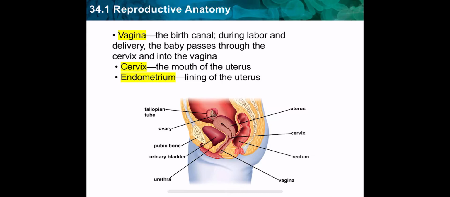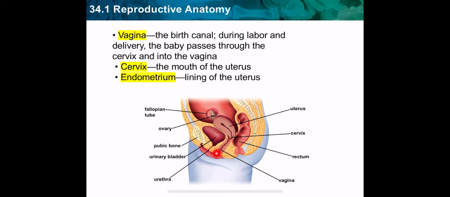After that, vagina. Vagina is the birth canal. After full development of the embryo, in the 9th month, the embryo will start to move out through this vagina, this birth canal. So the baby passes from the uterus to the cervix. What's the cervix? The cervix is the mouth of the uterus.